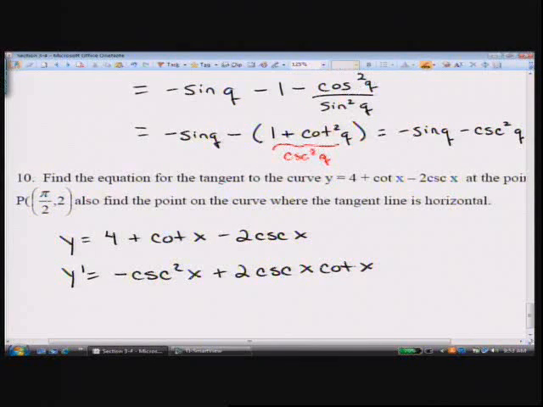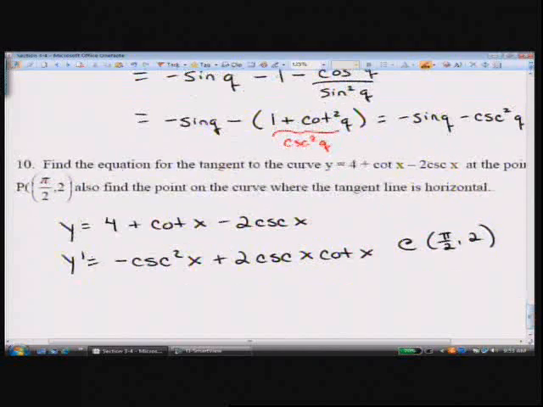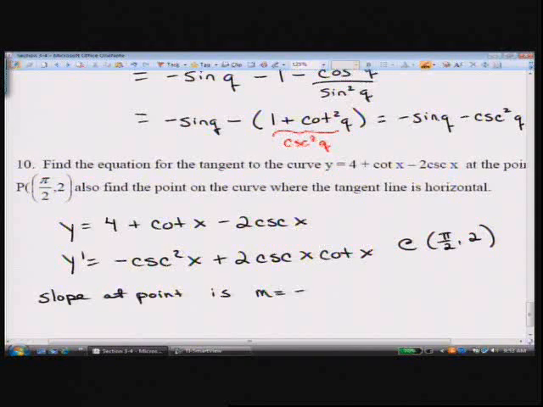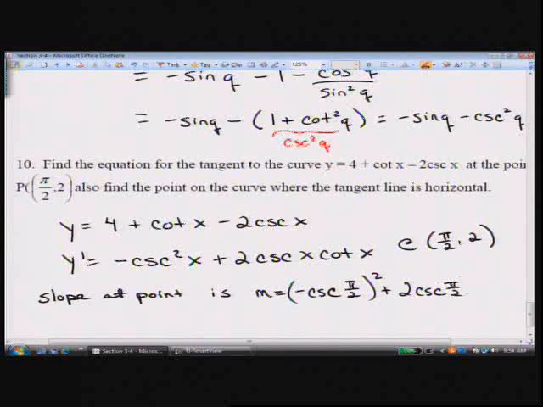And that's on your sheet. All right, now to find the slope at the point pi over 2, 2, what we'll do is we will plug x into this equation, and that will give us the slope. So the slope at the point is m equals negative cosecant, I'm going to do it like this, pi over 2, and then you square it, plus 2 cosecant pi over 2 cotangent pi over 2.